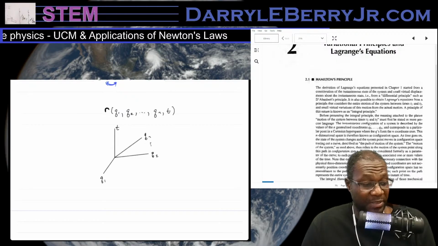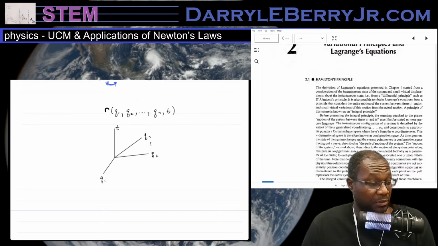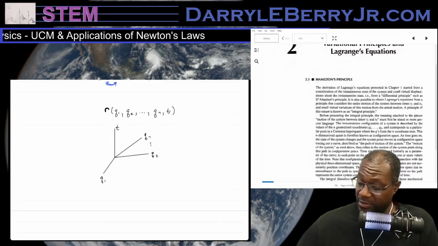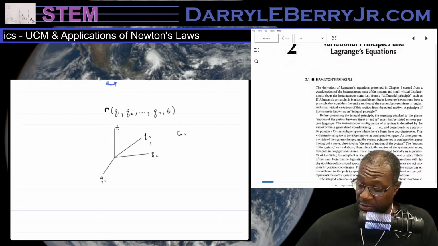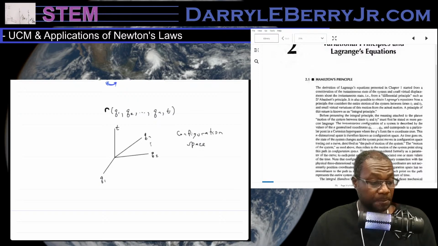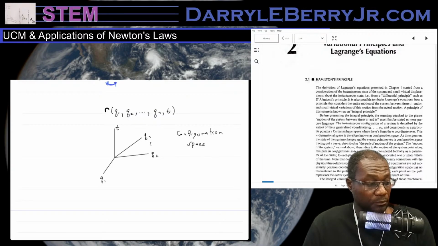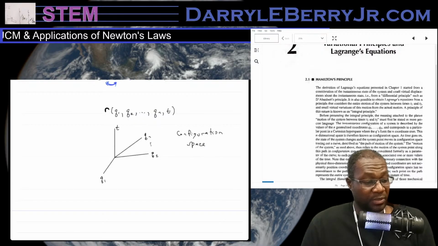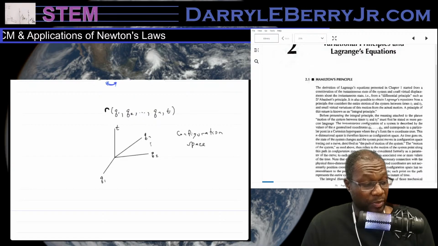Note that configuration space has no necessary connection with the physical three-dimensional space, just as the generalized coordinates are not necessarily position coordinates. This is configuration space. The path of motion in configuration space has no resemblance to a path in space of any actual particle.